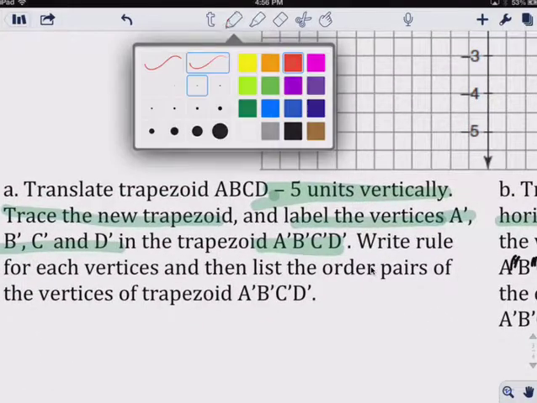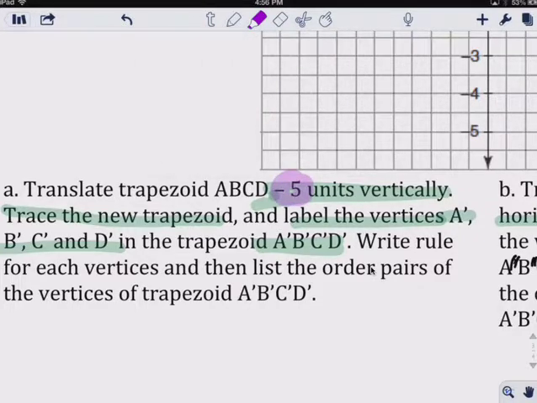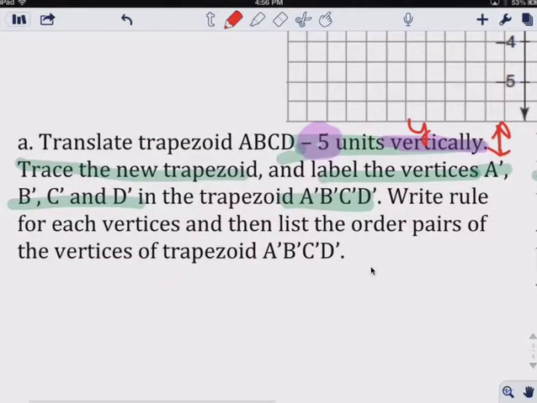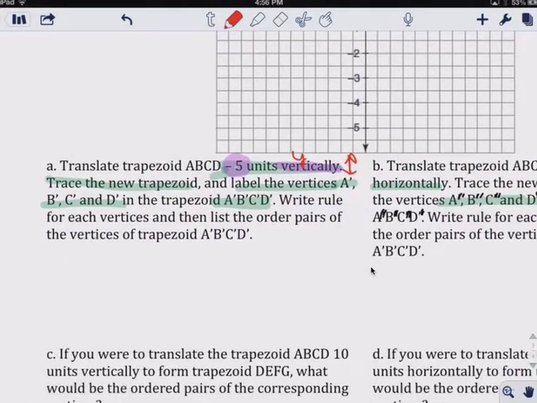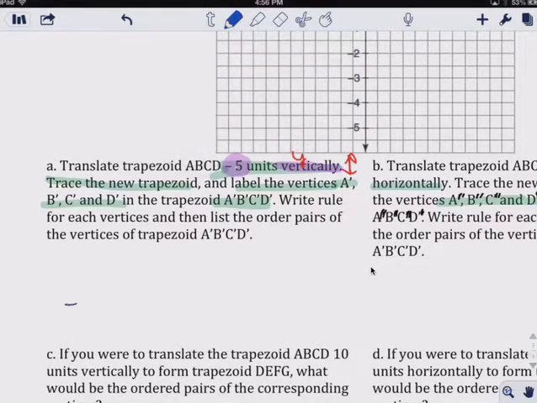The first one says negative 5 units vertically. The vertical line is this way, therefore it's y. We're changing y by negative 5. Then trace the new trapezoid and label it. We want to label this A prime.